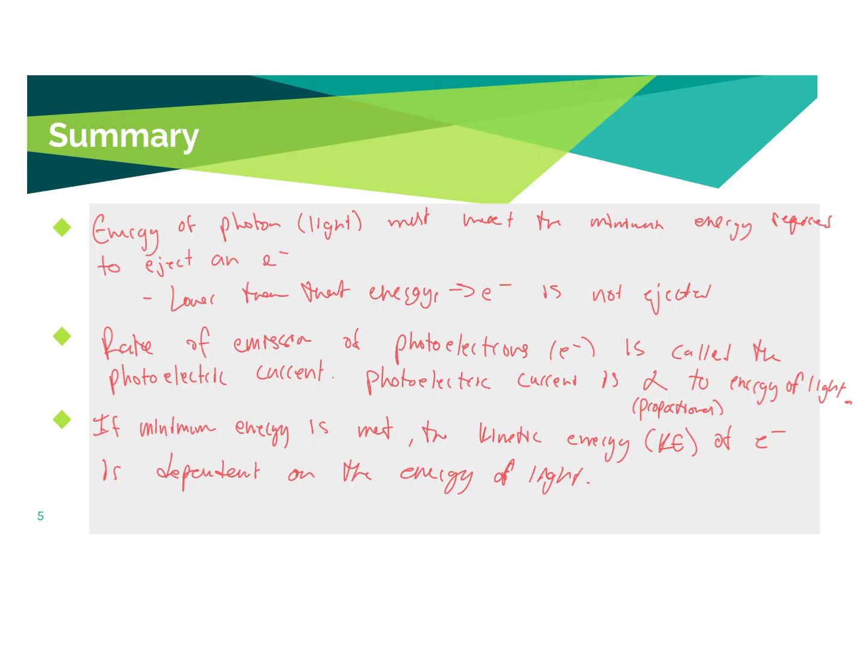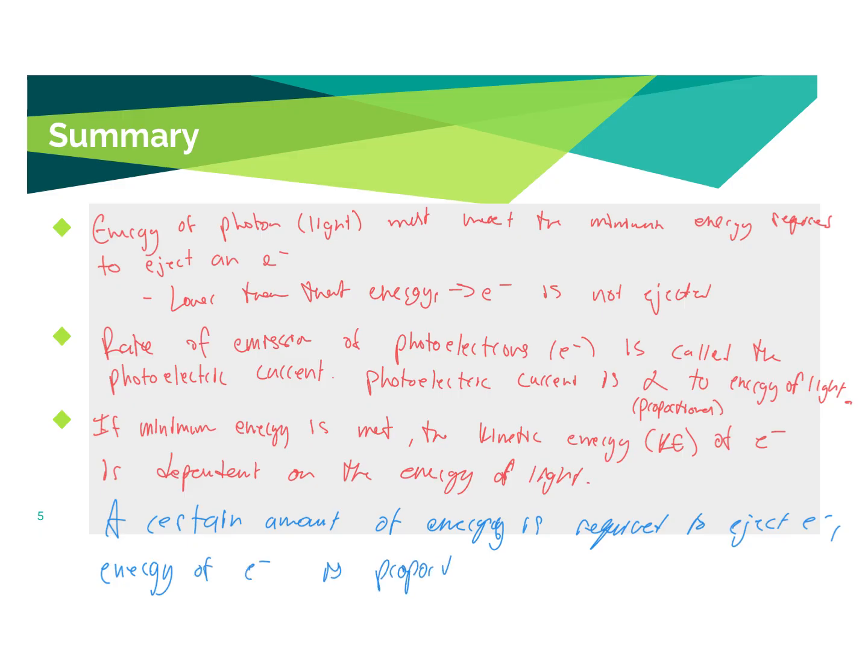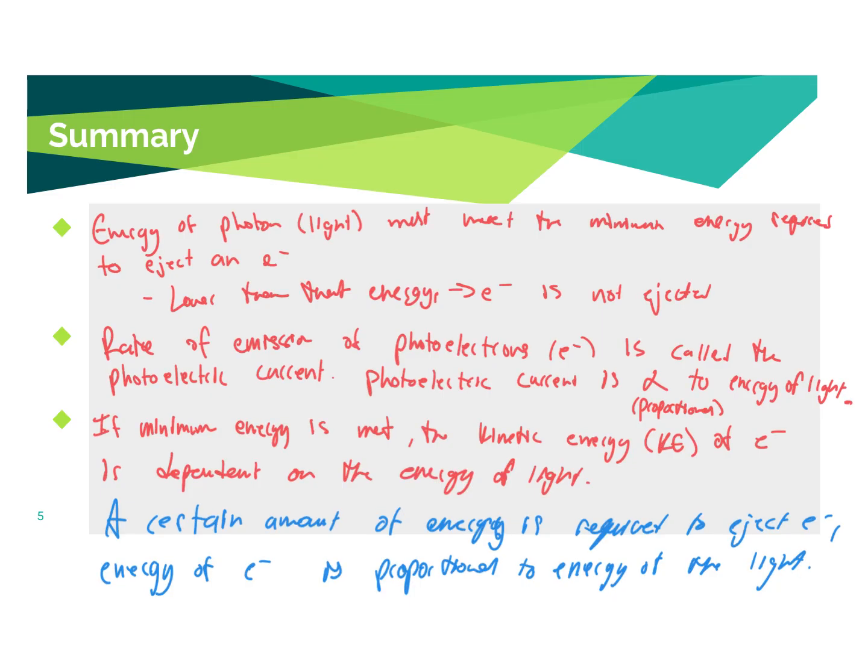And so all we're really trying to say here is that you need, and I'm going to write this in blue, a certain amount of energy is required to eject electrons, and the energy of the electrons is proportional to the energy of the light. That's the biggest point that I'm trying to make right here.